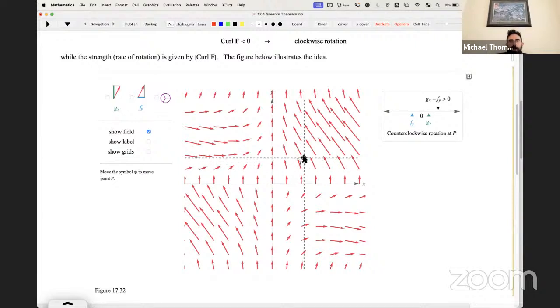So let's go up, maybe, let's go to right here, right there. Now, if you were to place a paddle wheel right there, would you say that the paddle wheel is going to rotate in the counterclockwise direction or the clockwise direction?